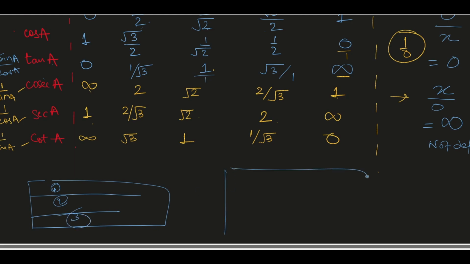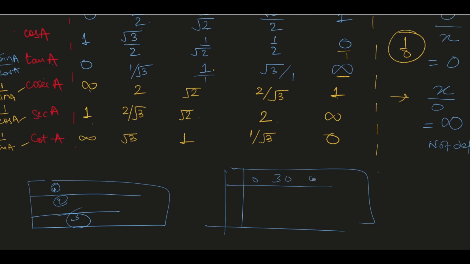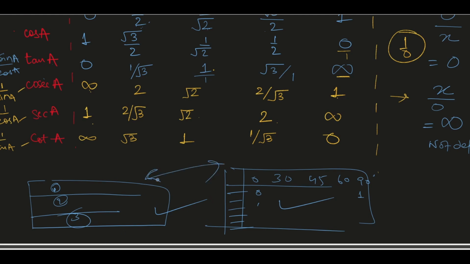Then just draw a trigonometric table where you write 0 here, 30 here, 45 here, 60 here, and 90 here. This will be sine, this will be cos, this will be tan. Then write cosec, sec, and cot. And just copy all the angles. The journey starts from 0 to 1, that's the same story. You just complete this. It takes hardly 1 to 2 minutes, and you are sorted for the trigonometric part. Okay, so let's move ahead.